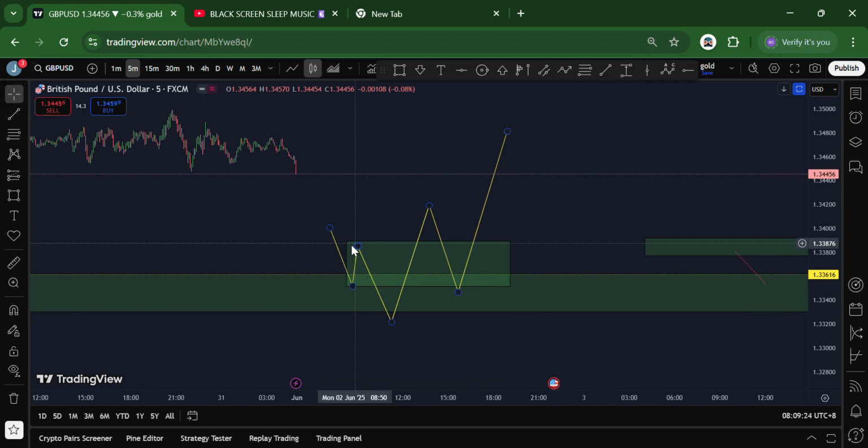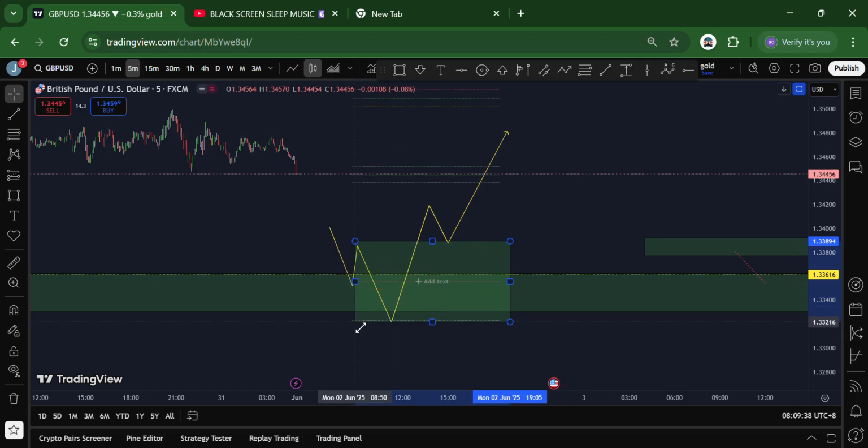Some traders, when they see a QM pattern or inverted head and shoulders, use a Fibonacci. They will take this one and catch the 50% discount, so they will do the entry here.